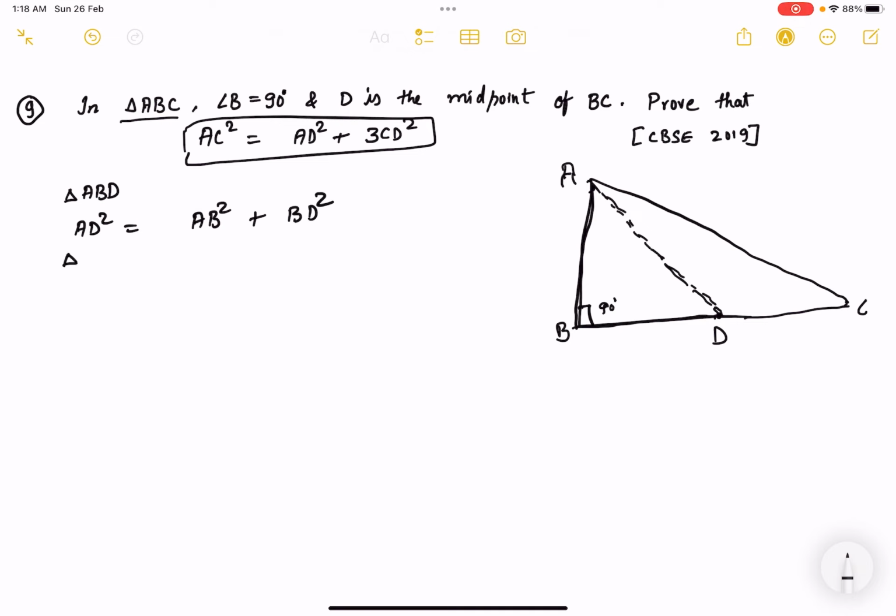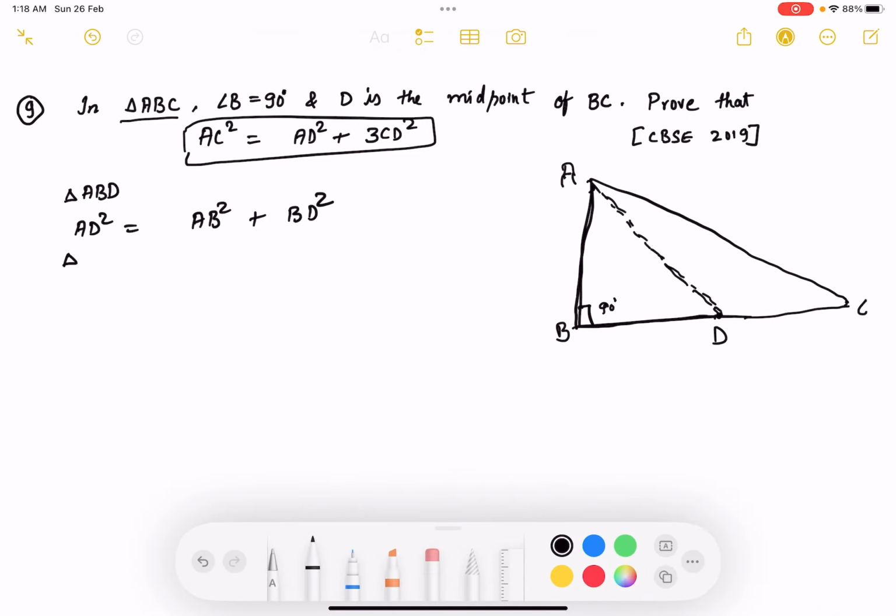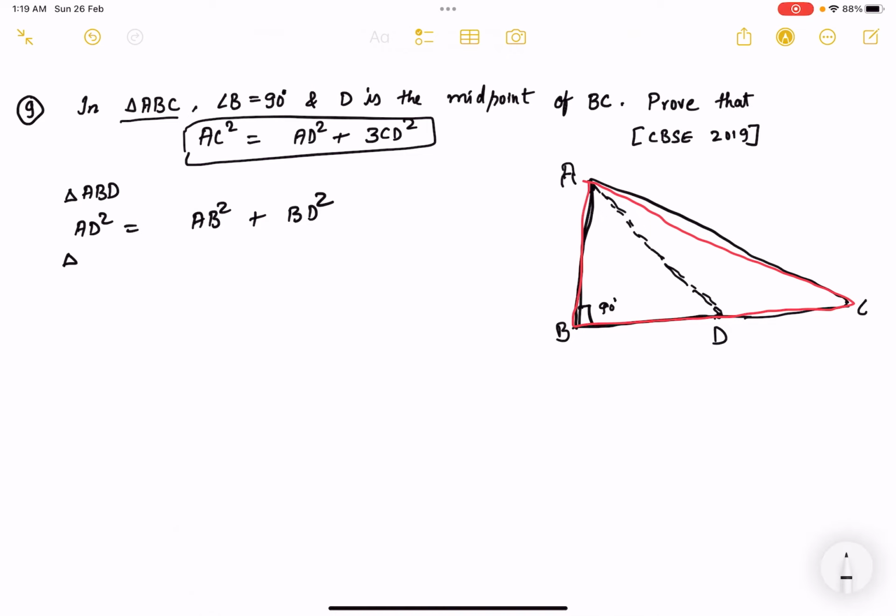And then take the second triangle, this bigger triangle ABC, and we'll apply Pythagoras theorem. We have AC square is equal to AB square plus BC square.